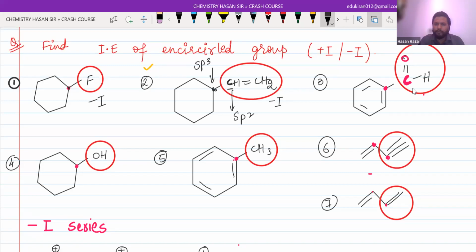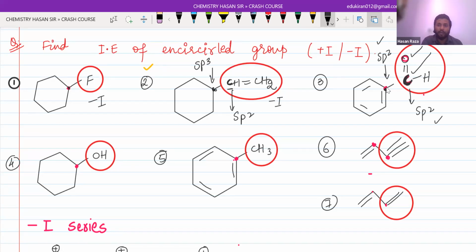Then moving to this, you can see this is also carbon, this is also sp2. This is sp2 and this is also sp2, but what is the difference? To this sp2 carbon, a very electronegative element is connected, oxygen. That's why this oxygen will be withdrawing electron from this carbon and there will be deficiency of electron on this carbon.